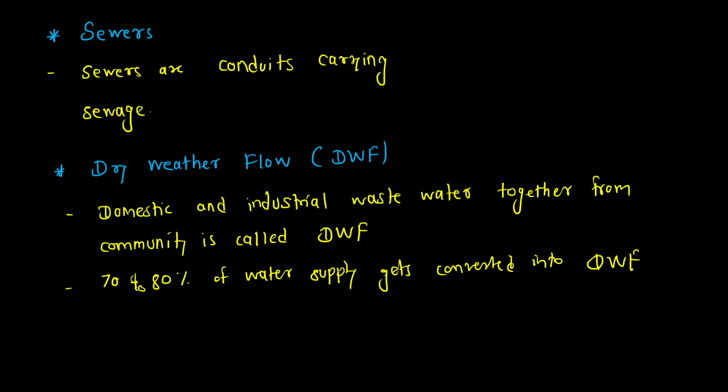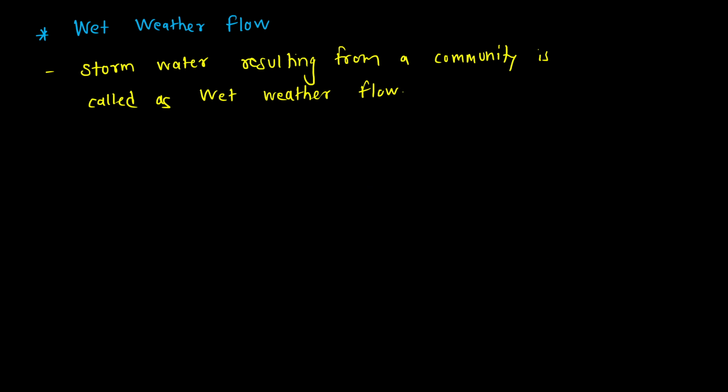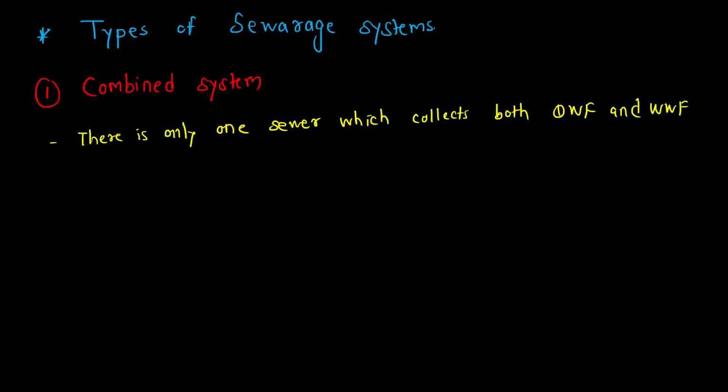Dry weather flow is the wastewater generated from the community, and wet weather flow is the storm water resulting from the community. So if we design a sewerage system having only one sewer which collects both dry weather and wet weather flow, then such a system is called a combined system.